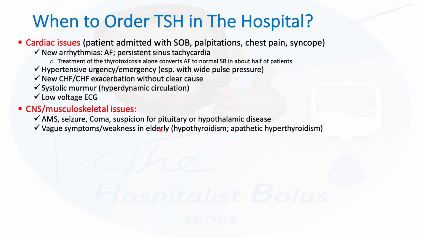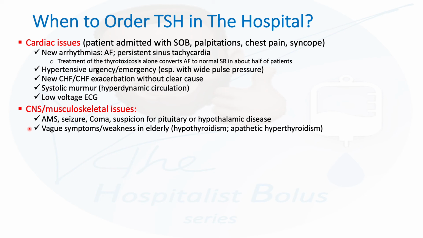I would really like you to pay attention to that. Of course, hypothyroidism can give you the symptom, but sometimes even hyperthyroidism in elderly, which is called apathetic hyperthyroidism. Elderly are not able to fully show you the hyperactivity or sympathetic overflow associated with hyperthyroidism, but they might present with vague symptoms.